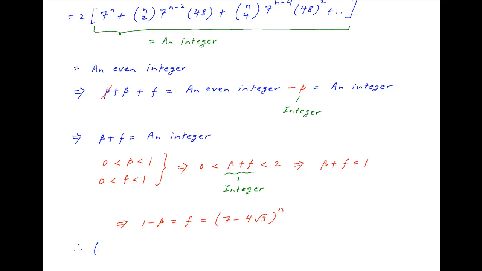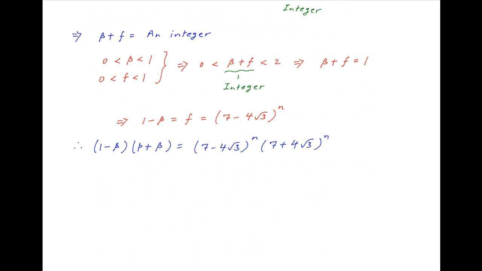Therefore, the product of (1 − β) and (p + β) is equal to (7 − 4√3)^n multiplied by (p + β), which is equal to (7 + 4√3)^n per the problem statement.